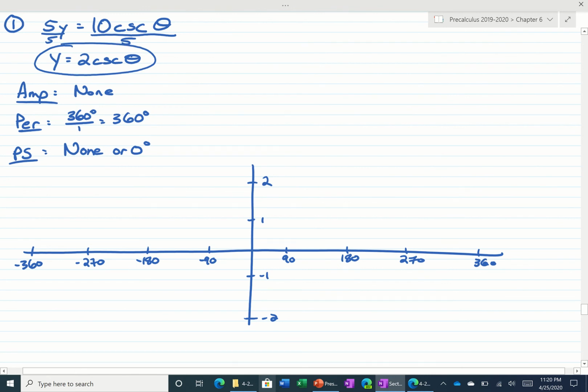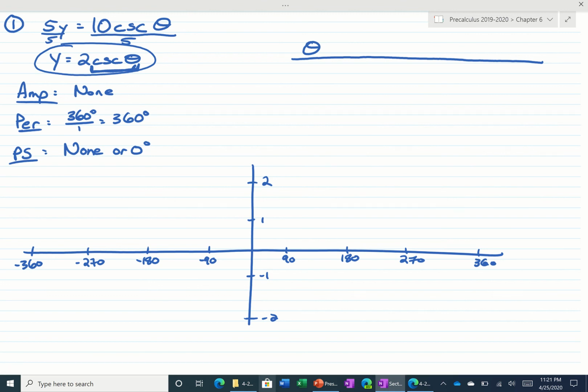Now the tricky part is we don't have a cosecant button. So this is how we're going to figure this out. Let's figure out what this piece is. And then the way that we're going to graph it is we're going to do 2 times that answer. So watch. Ready?